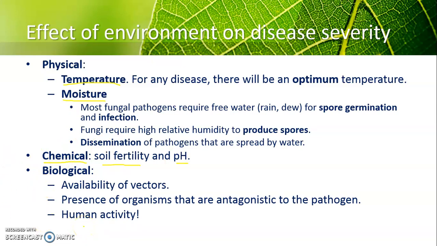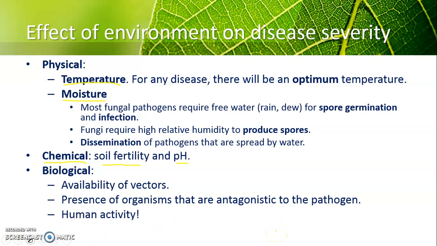The next one is the biological factor of the environment, for example the availability of vectors. If vectors are available, then the pathogens can hitch a ride inside the vectors and infect anything. Then there is the presence of organisms that are antagonistic to the pathogen.